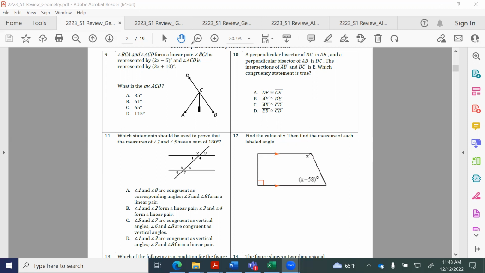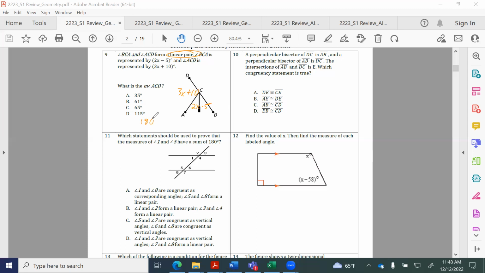BAC, this one here, is 2x minus 5. This one is 3x plus 10. So they want us to find this angle. Well, before I can find that angle, I gotta use the fact that they are a linear pair, so they must equal 180 in order to solve.